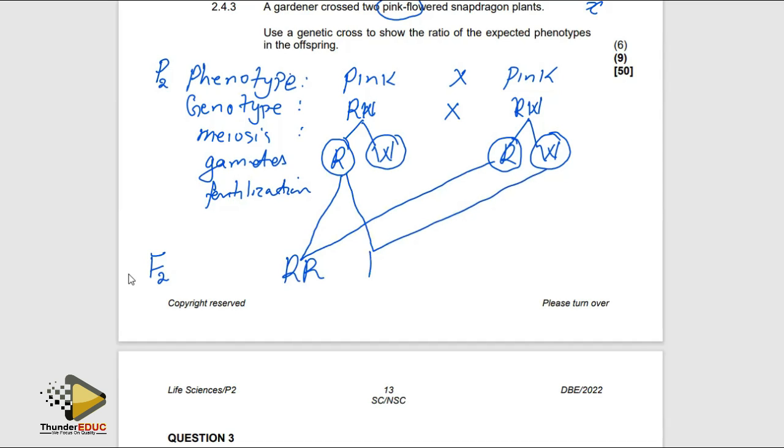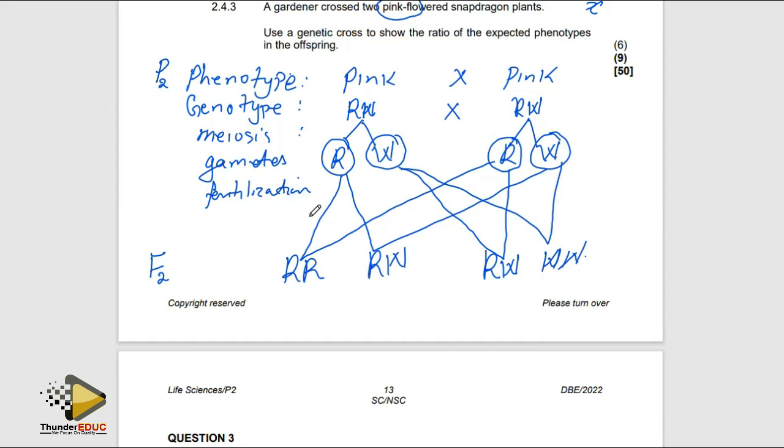So it's going to be capital R, capital W. Now this with that is going to be capital R, capital W. Then this with that. So it's going to be capital W, capital W. Yes.